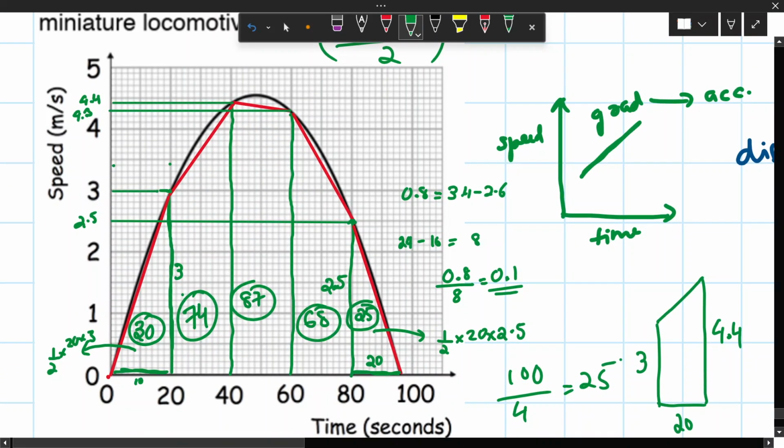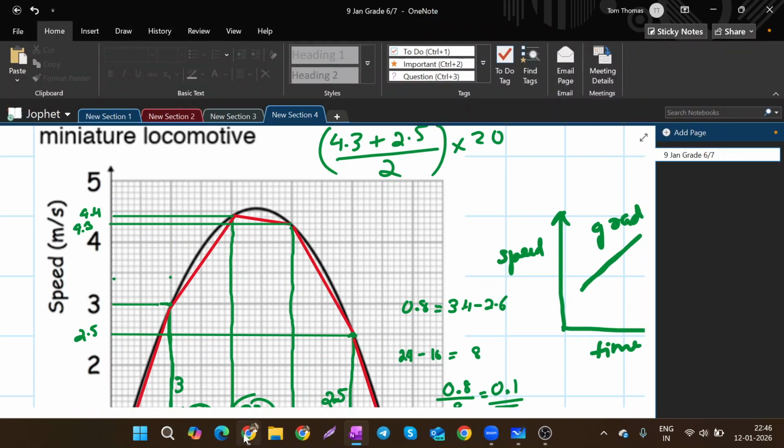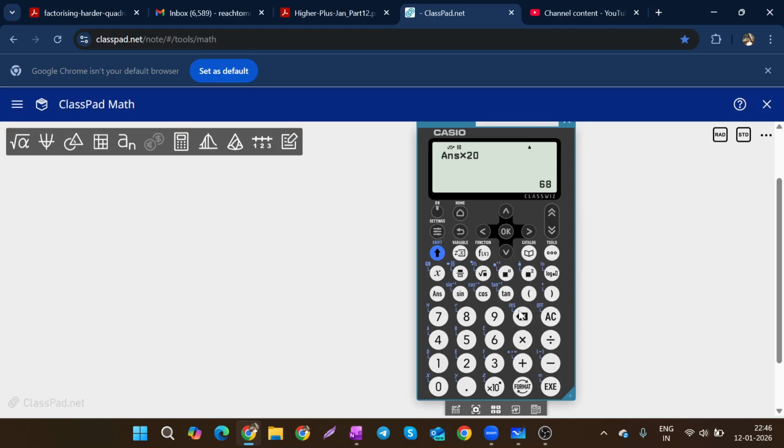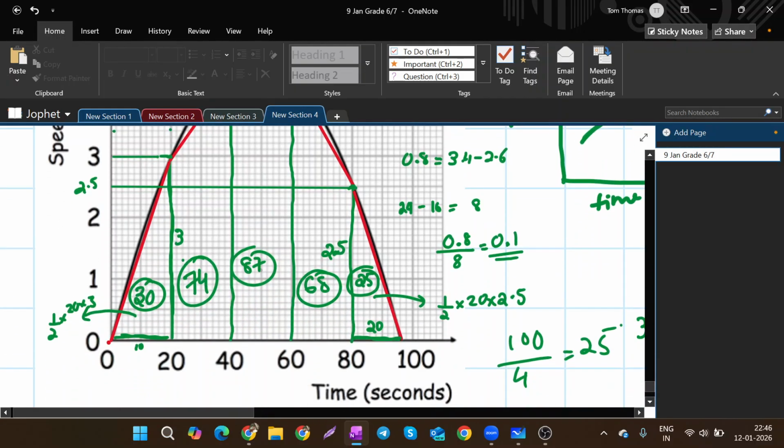So if I go back, this would be 68, and now all I have to do is add these numbers together. So that's 30 plus 74 plus 87, and then 68. Let me see if I can remember them. 30, 74, 87. They say if you actually say it, your short-term memory might lose. Yeah, 30, 74, 87.